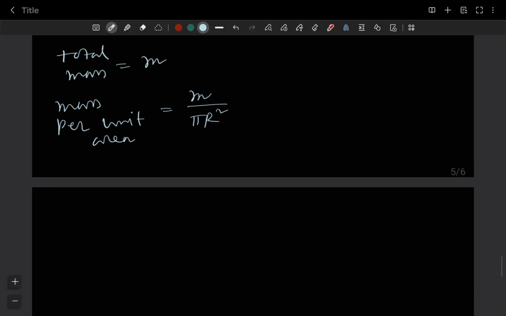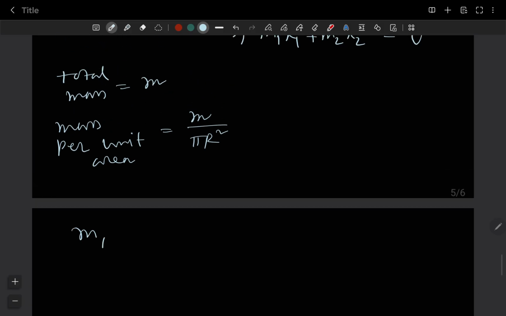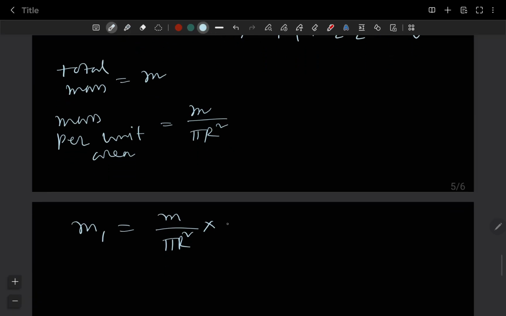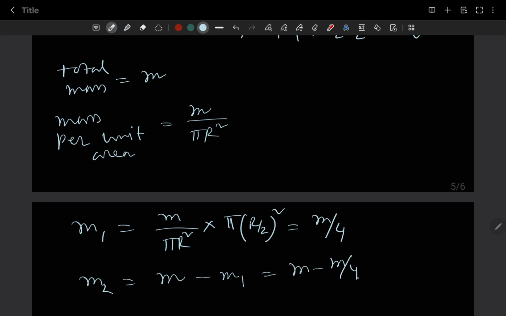We can safely say that m1, the mass of the truncated part, will be mass per unit area times the area of the truncated part, that is pi into r by 2 square. So pi r square cancels, and it is m by 4. So what will be m2? m2 will be total mass m minus the truncated part m1, so it is m minus m by 4, that is 3m by 4.